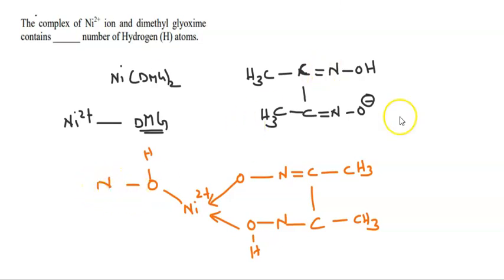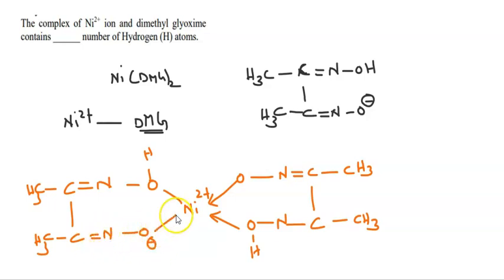So OH on nitrogen, connected to C through a double bond, connected to C which has CH3, and here also CH3, double bond N, connected to O minus, which donates electrons towards the nickel. So the number of hydrogen atoms is 1 plus 3, 4, 4 plus 3, 7, and here also 7 are there. 7 plus 7 equals 14 hydrogen atoms.